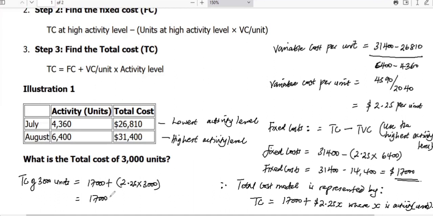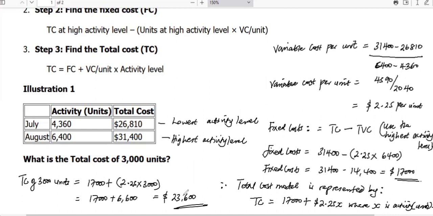So this is 17,000 plus 6,750, which gives us $23,600.